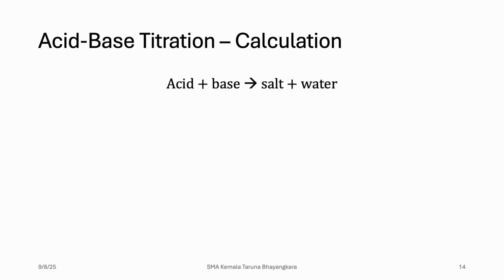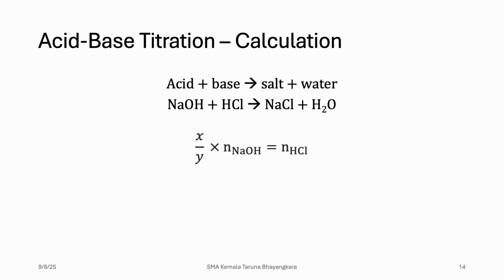Okay, this is a real example of acid-base. If an acid reacts with a base, it always forms salt and water. NaOH plus HCl forms NaCl plus H2O. So in this case, X over Y times moles of NaOH equals moles of HCl.